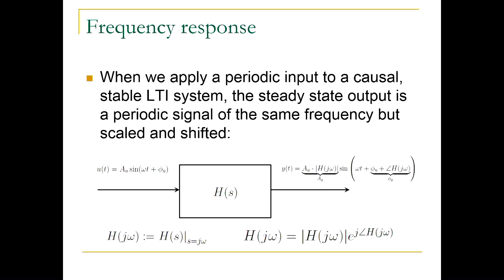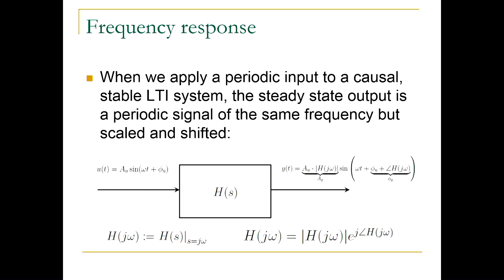Okay, so we also saw in the last lecture that it is convenient to plot this H of j omega in the complex plane, where we represent the real part of H of j omega and the imaginary part as points that change with omega. So omega is then the parameter in this graph, and we can also represent it in polar coordinates.